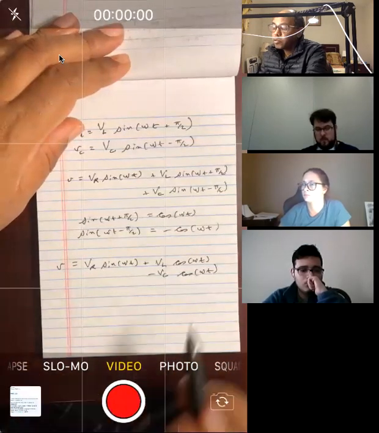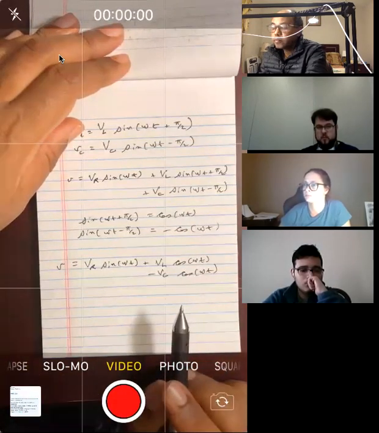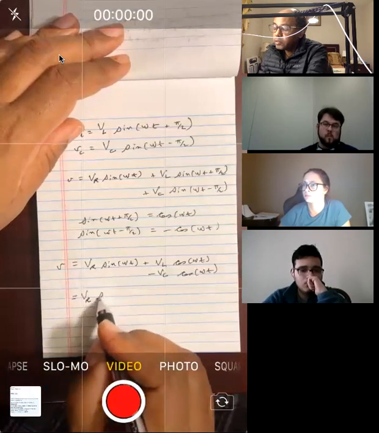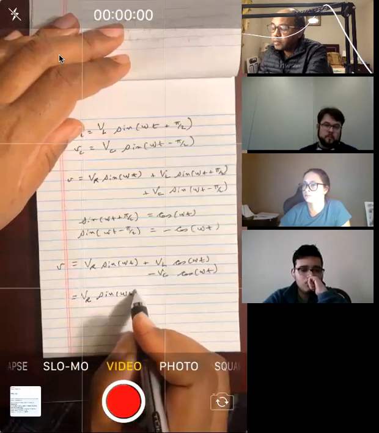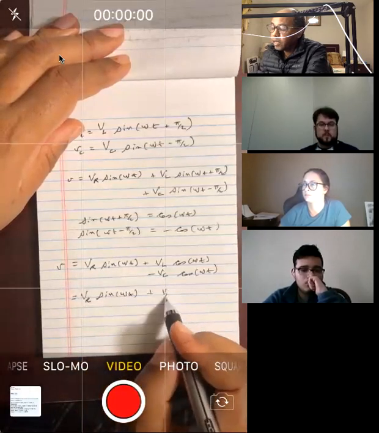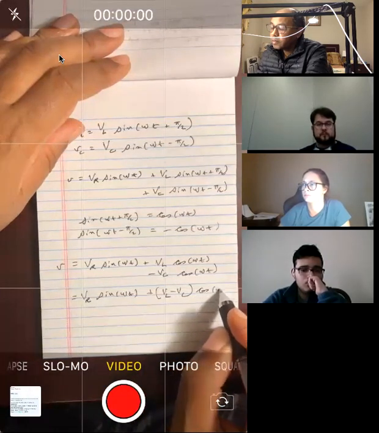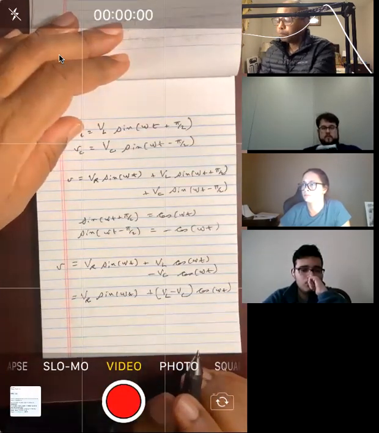Now let's even combine these two. They're both cosines, right? So this becomes VR sine omega t plus (VL minus VC) cosine omega t. You see that?